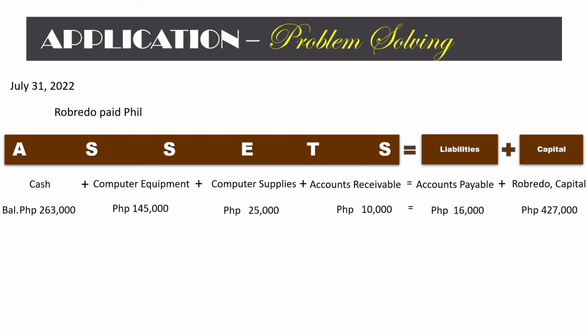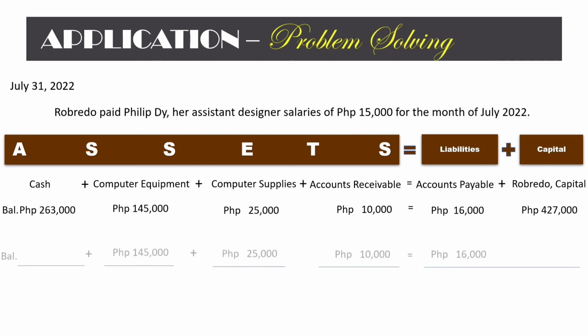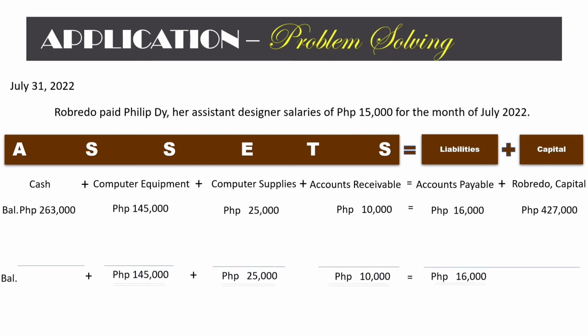Next and last transaction for July, Robredo paid Philip D., her assistant designer, salaries of 15,000 pesos for the month. This transaction resulted to a reduction in capital as well as a reduction in cash. Philip D. provided his services to Angat Buhay Designs for the month. The assistant designer has created salaries expense for the business.